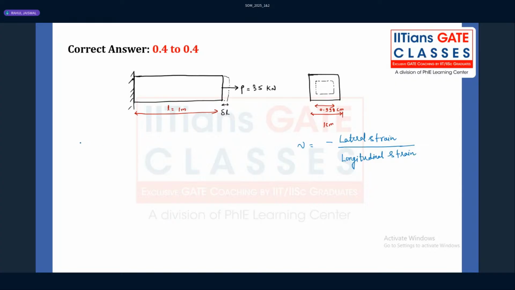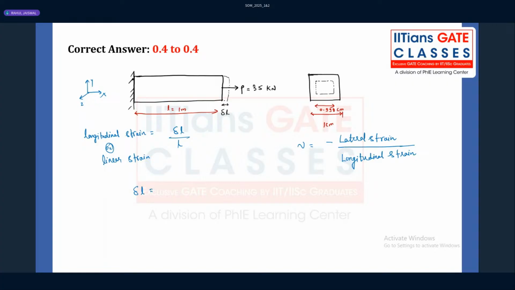How to calculate the longitudinal strain? Whatever direction you take, suppose I am taking the x direction, the change happening in that dimension gives you the longitudinal strain. We also call it linear strain, that is change in length by original length.